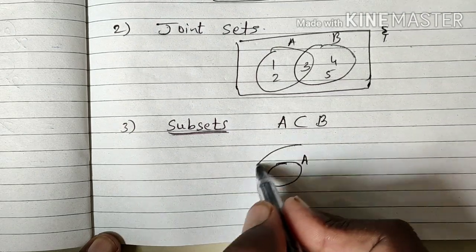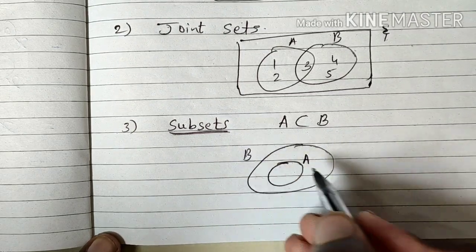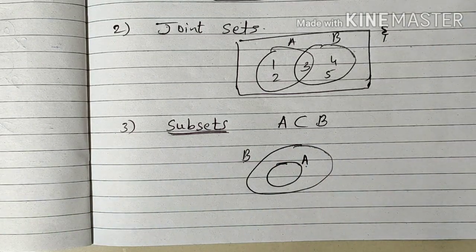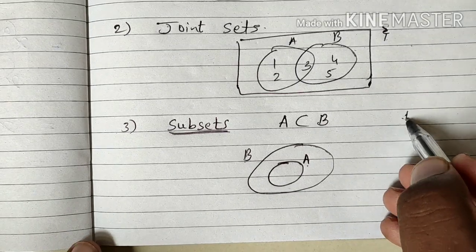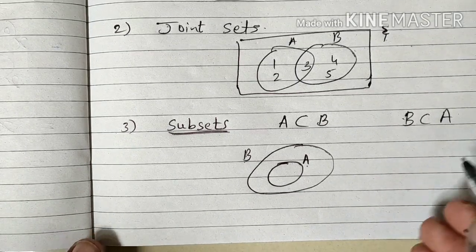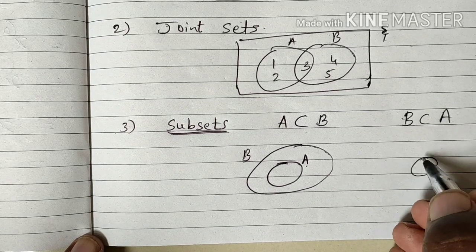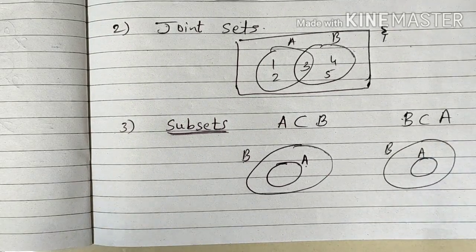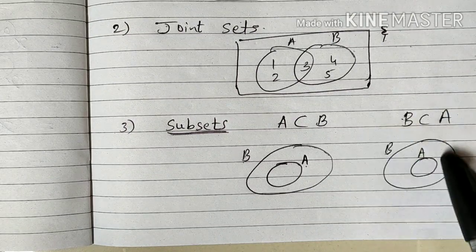This is our A set and this is the B set. All the elements of A are present in the B set. Got it? Or in case we want to represent B is a subset of A, then all the elements of B are present in A. So like this we can represent the two sets which are subsets. Okay.